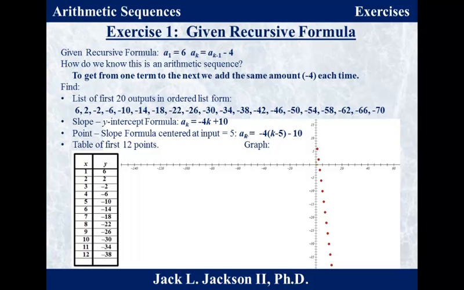So the particular input we want is 5. So it's negative 4, parentheses k minus the input, so that's k minus 5. And then you have plus the output. Well, the output on the fifth term, you can look in the table or just count out in our sequence or just work it out, and it is negative 10. So the formula is negative 4 times k minus 5 in parentheses, and then minus 10.